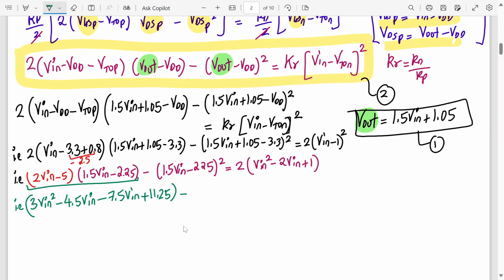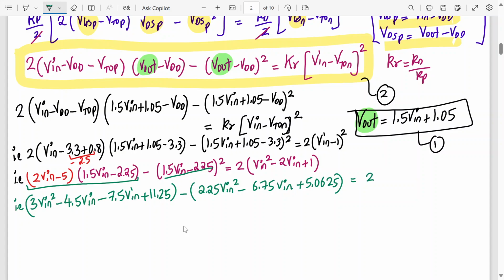Now I open this bracket also. This is A minus B the whole square. So what will I get? A square, which is 2.25 times V in square, minus 2AB. So 2 into 1.5 into 2.25. How much is it? 6.75 V in plus 2.25 square, which is 5.0625. Please check this.